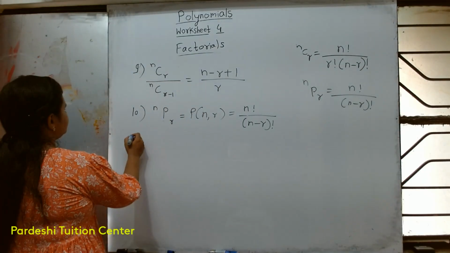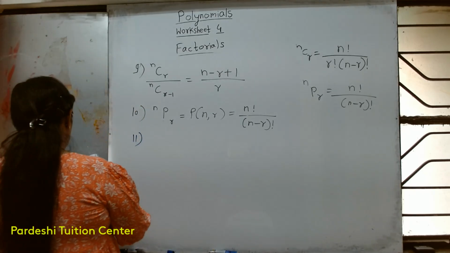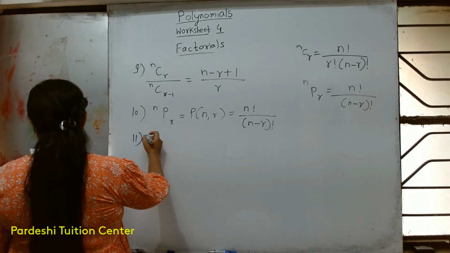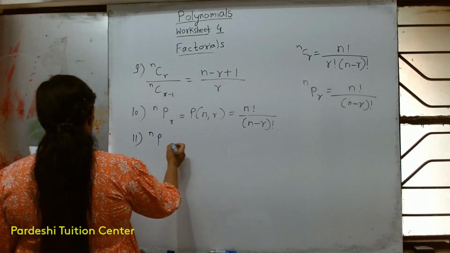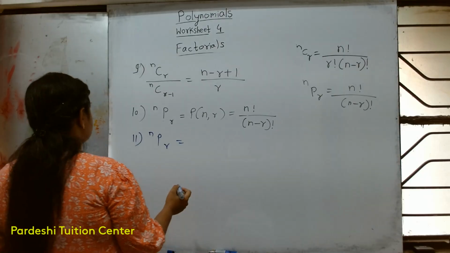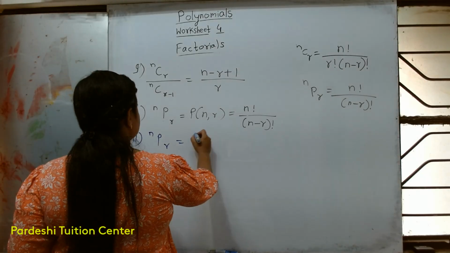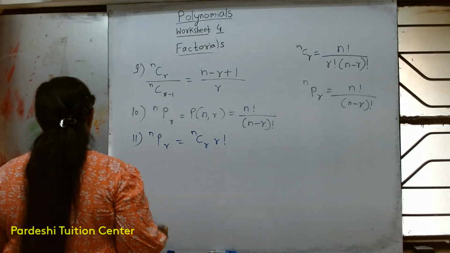Now the next formula for permutation is, just write all the formulas, don't just sit and watch. nPr equals nCr into r factorial.